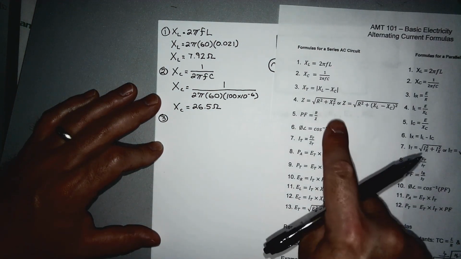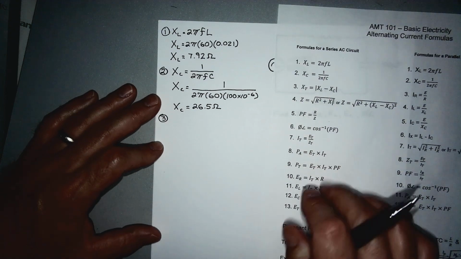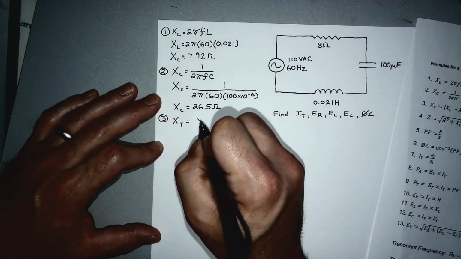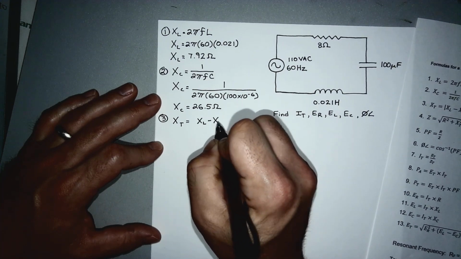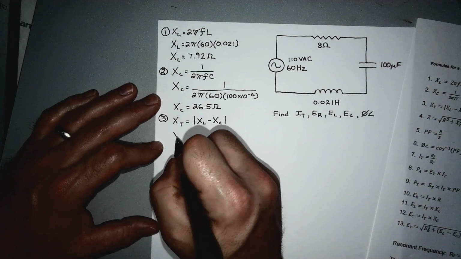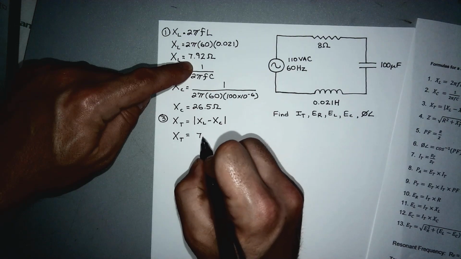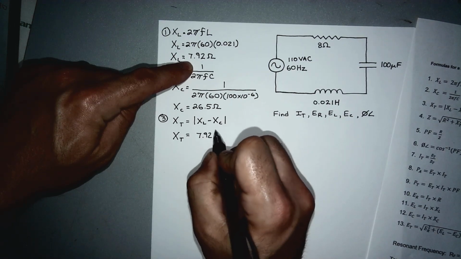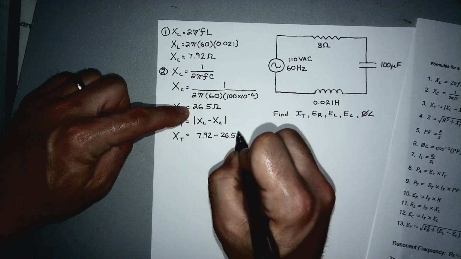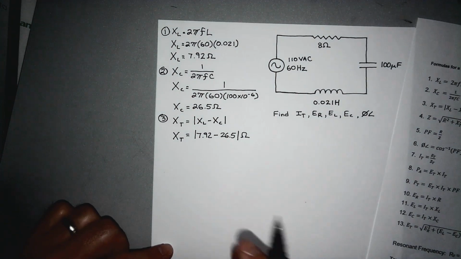Number 3 says that X sub T is the absolute value of X sub L minus X sub C. So X sub T is X sub L minus X sub C in the absolute value. Plugging in our values here, X sub L was 7.92 minus X sub C, which was 26.5, and then we're going to take the absolute value of that, and that's also going to come out to be ohms.